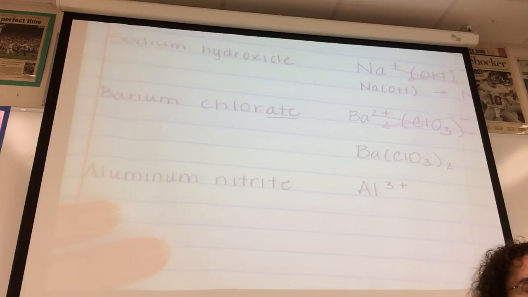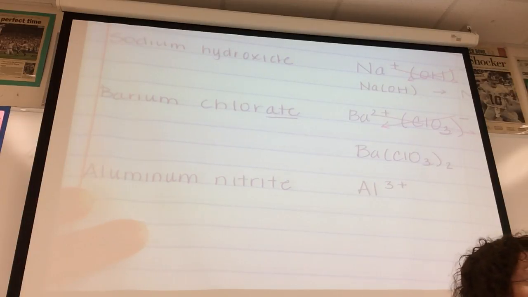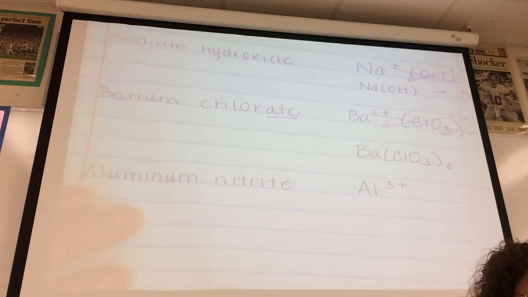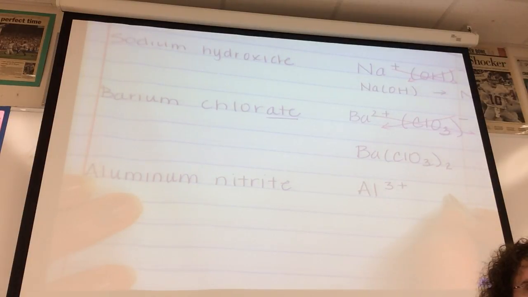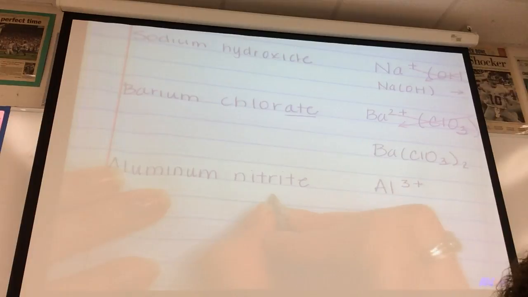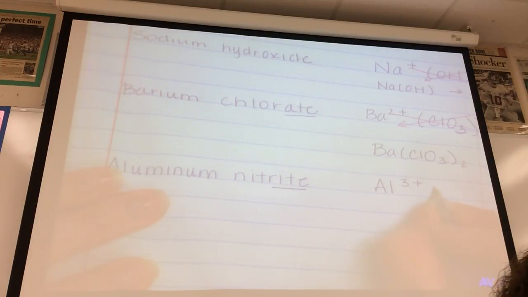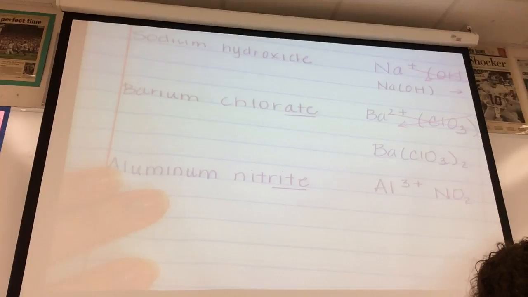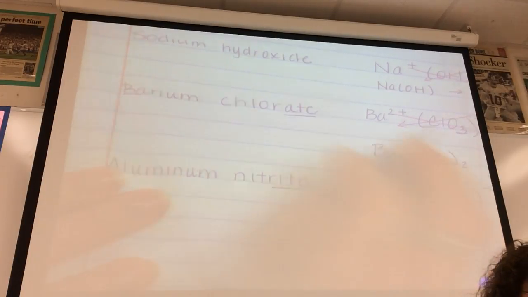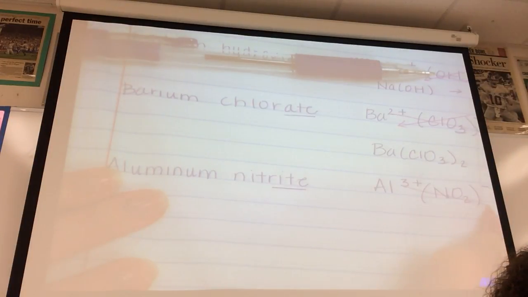Go ahead, Isabel. Aluminum always has a 3 plus charge. She is correct. It's in group 13 with 3 valence electrons, which it will lose. Nitrite is what, Dean? NO3. Nitrite. Oh, my bad. NO2. Should I put it in parentheses? Yeah. And what's its charge? Minus 1. The 3 goes here. The 1 goes here.